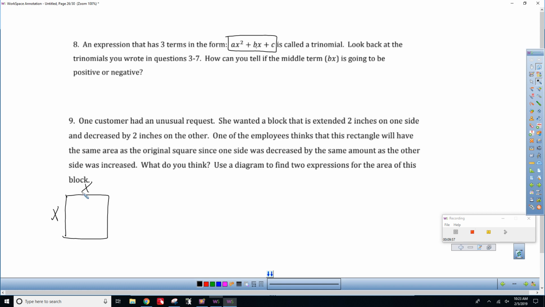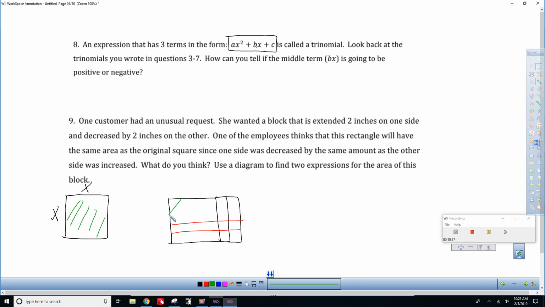Is the area of that block, change color, is this area the same as that area?